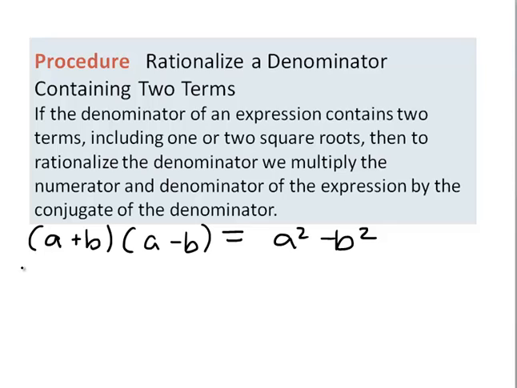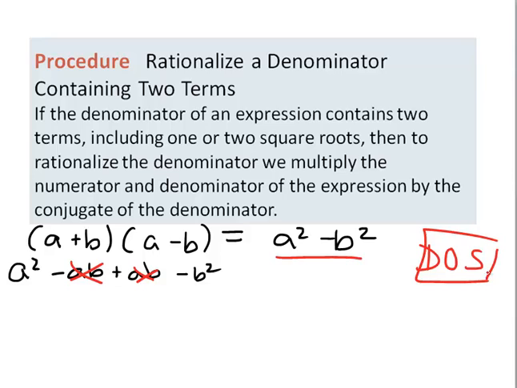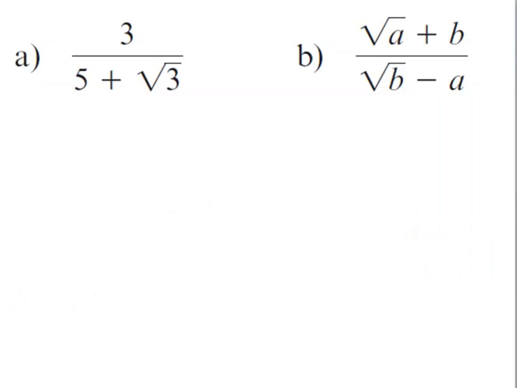If I actually took the time and FOILed it, I'd have a squared minus ab plus ab minus b squared. And those middle terms would cancel each other out, and I would have this. So that's why this is so helpful. This is one of the reasons I've just been saying, don't forget this, it's so helpful. Difference of squares, okay? So let's take a look and figure out why this is so helpful.